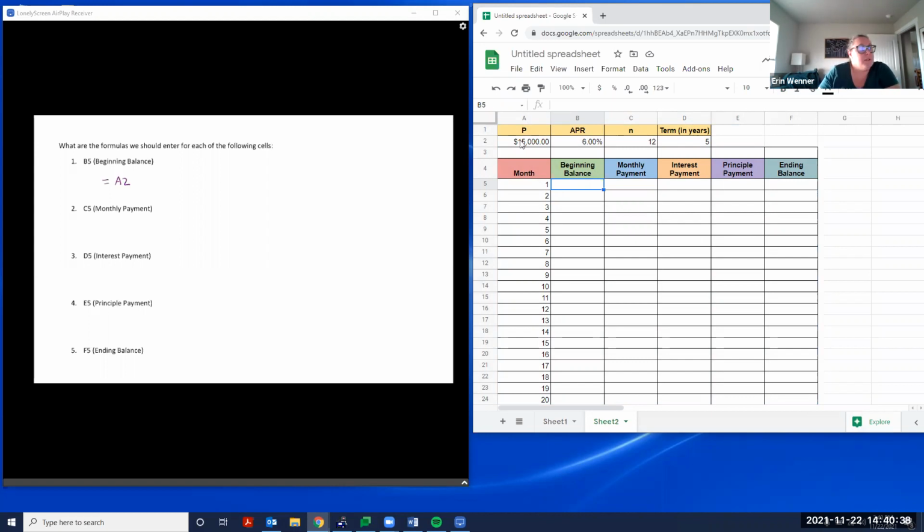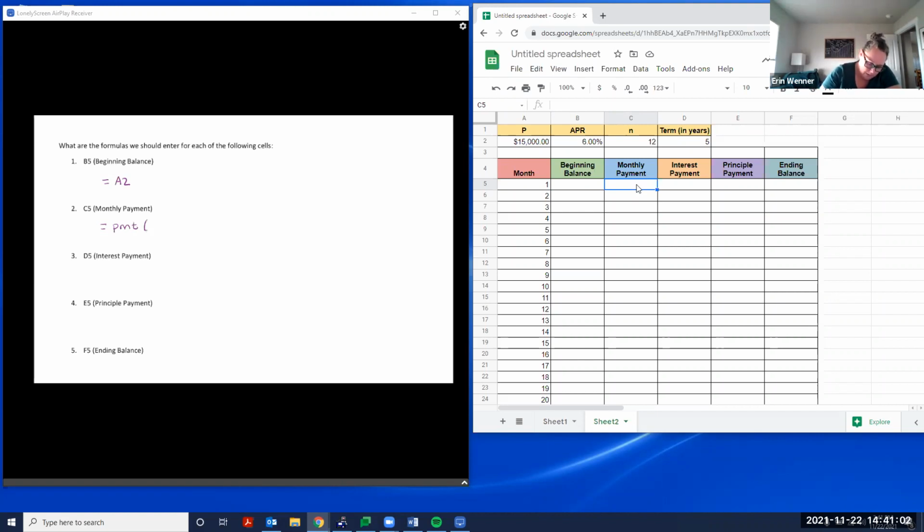And that is our principal here, this 15,000 amount, right? To calculate our monthly payment, we're going to do equals PMT. You'll notice that I dropped the negative from this payment calculation because I want it to remain that negative amount because it's going to subtract off of your balance amount.